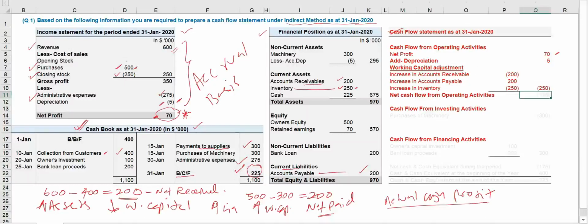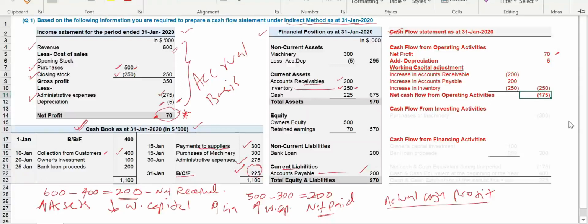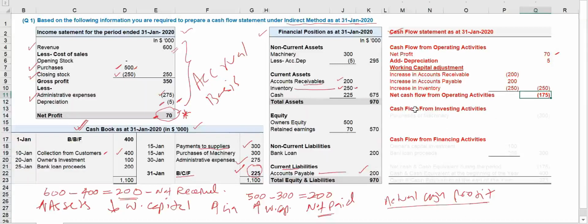Now we are done with operating activities. Let's move on to the investing activities. Have a look at the financial position. Under non-current assets, you can see there is a purchase of machinery worth 300,000.